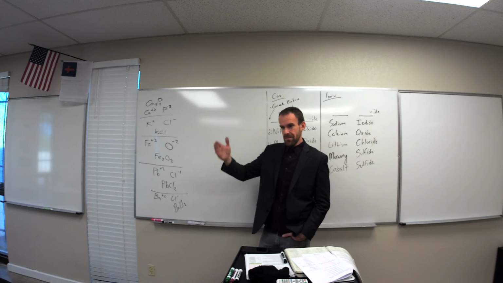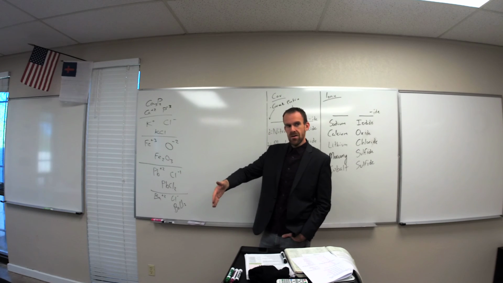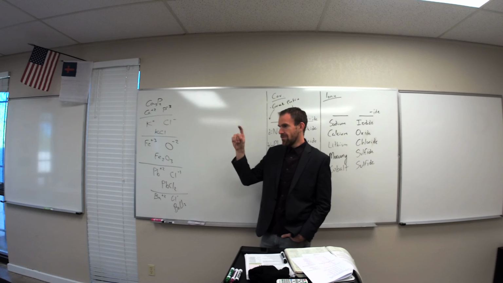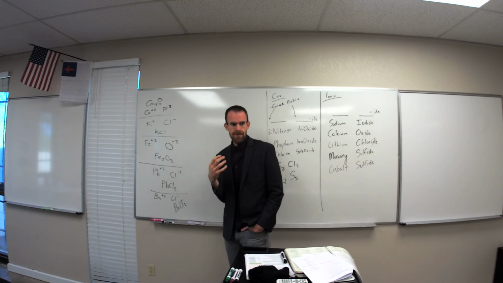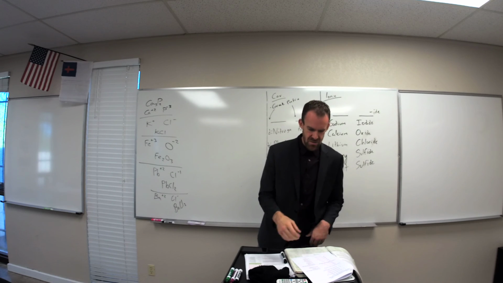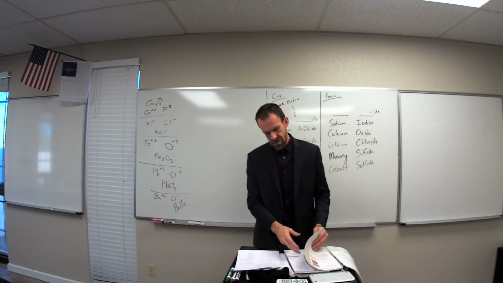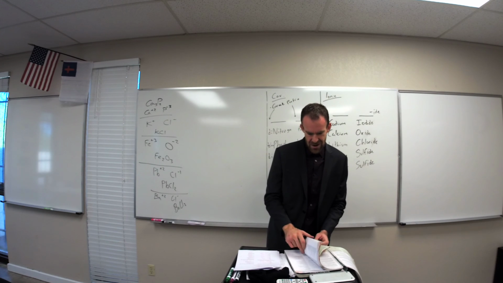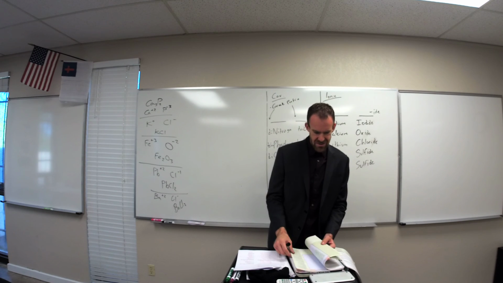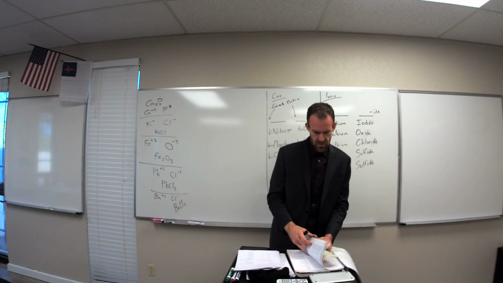Anything in the first column is +1. So if you're looking at your periodic table right now, the first column is +1, including hydrogen. And that's the only one I have memorized.